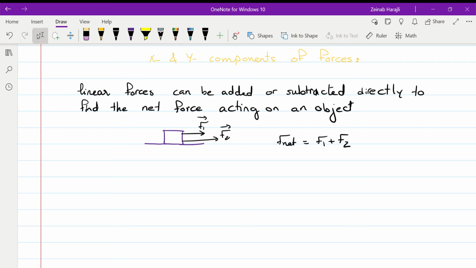And we can deduce the acceleration, for example, by saying it's F net over the mass of this box. And if they have opposite directions, then we just subtract them. While if we have nonlinear forces, these cannot be added directly, so we have to study them by finding their x and y components.